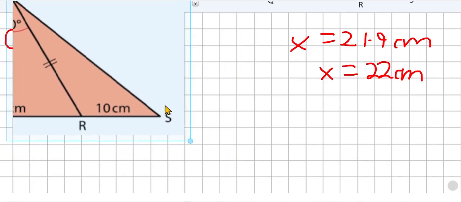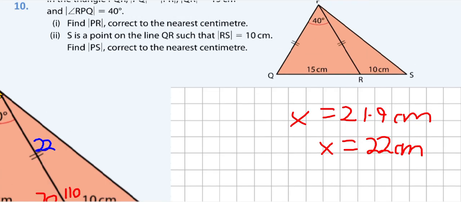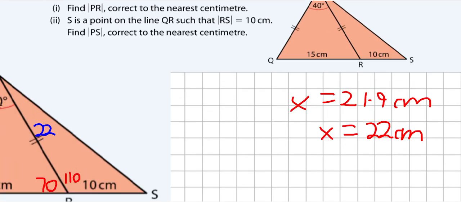Okay. The next thing I need to find out about this triangle is, I think we all know that's 70, don't we? So what does that make this one here? 110, okay. What length is this one here? We calculated it earlier. 22, okay. Okie dokie. And it wants me to find the length of P to S, yeah?